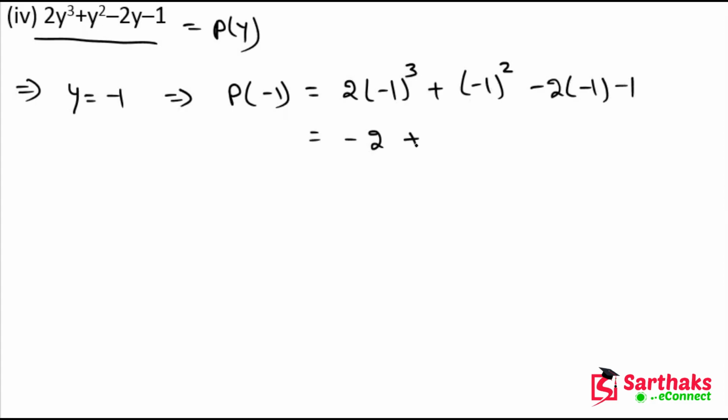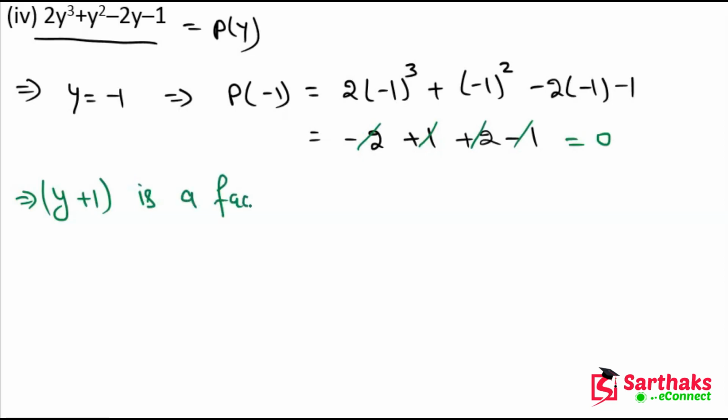This will become plus 1. This will become plus 2. And this is minus 1. So here minus 2 and plus 2 will be cancelled. Plus 1 and minus 1 will be cancelled. So we get 0. So we can say that, my dear friends, y plus 1 is a factor of what?